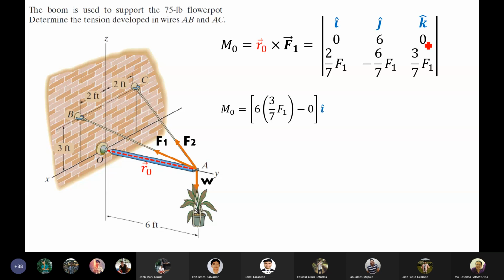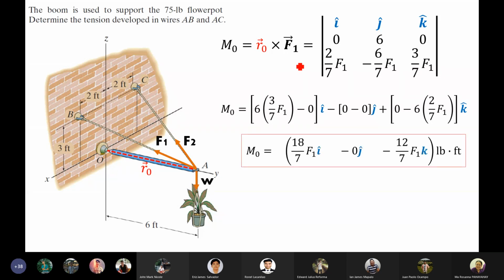So definitely that is minus 0 i hat. Cover this one, since these are two zeros, that is 0 minus 0 j hat. Then cover this one, so that is plus 0 times 6 times 2 over 7 F1 k hat. So our moment due to F1 is 18 over 7 F1 i hat minus 0.